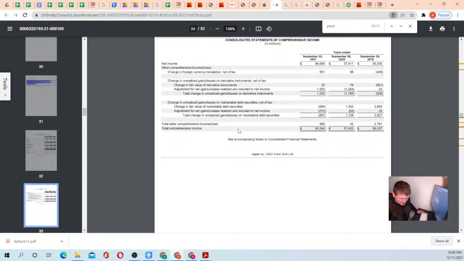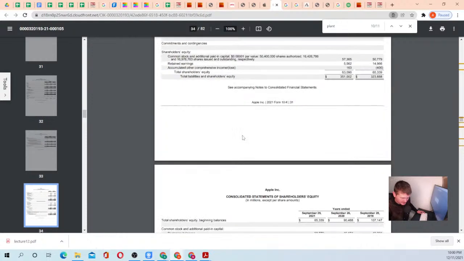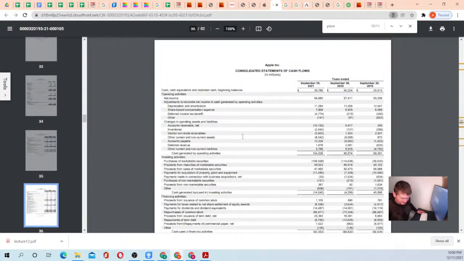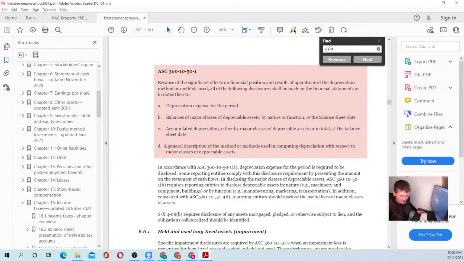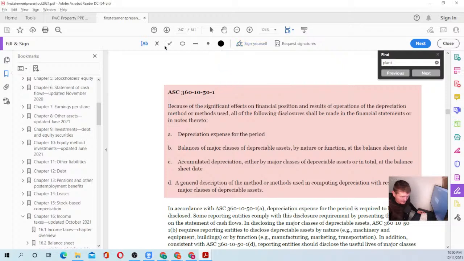No. Do we have depreciation in the cash flow statement? Yes. So Apple disclosed its depreciation in the cash flow statement, and we can tick mark. We can say that it's done for Apple.